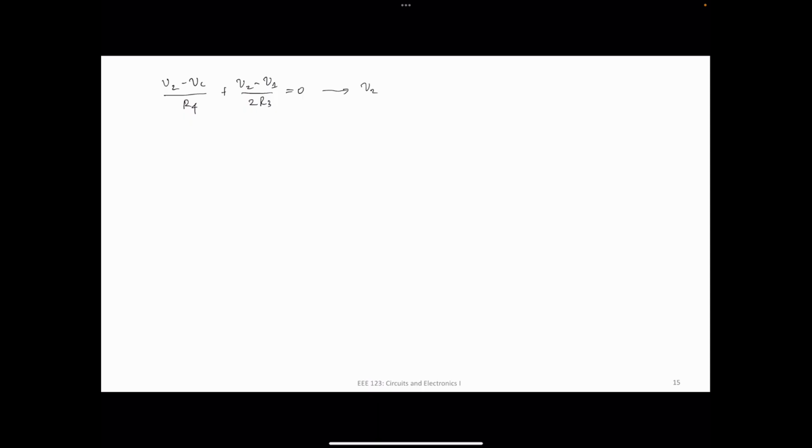So I'm going to get V2 times 1 over R4 plus 1 over 2R3, minus V1 over 2R3 is equal to VC over R4.